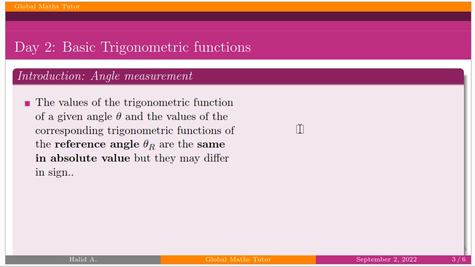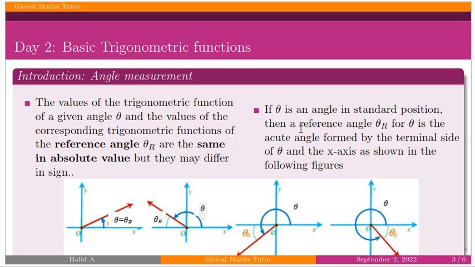So we know the sign and we can find the magnitude from the reference angle. So for an angle which is not in quadrant 1, that means not acute, first we find its reference angle, and then we find out what its sign will be.